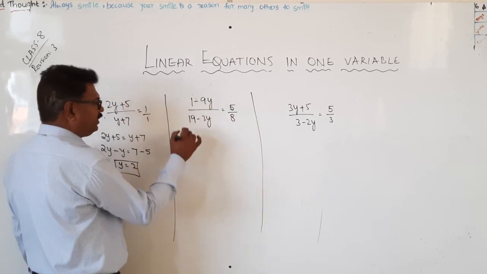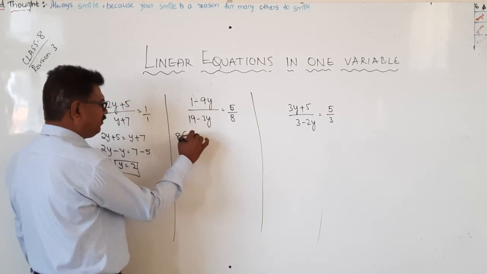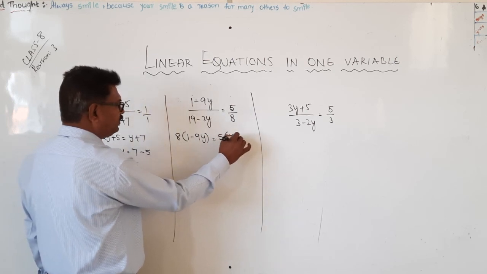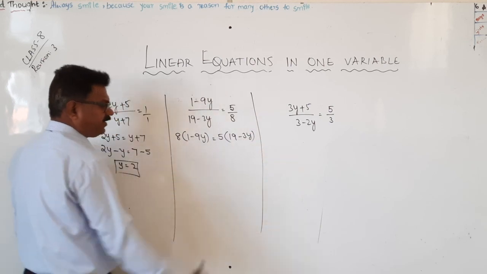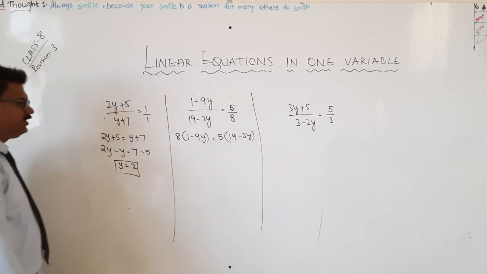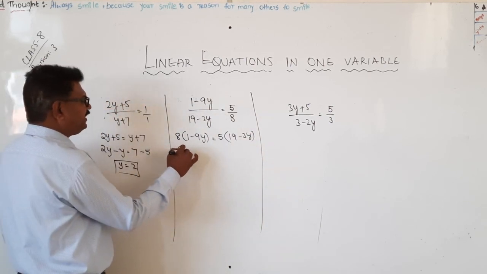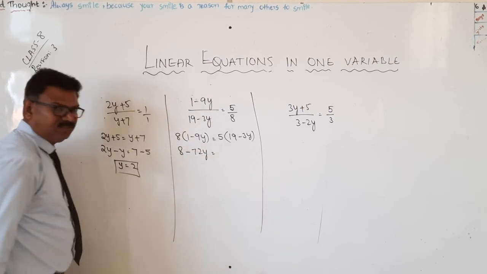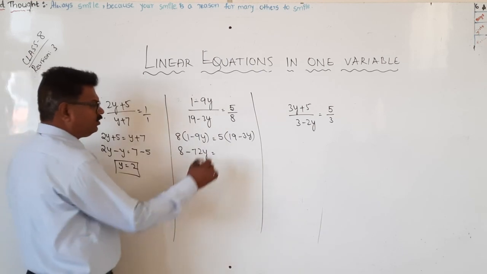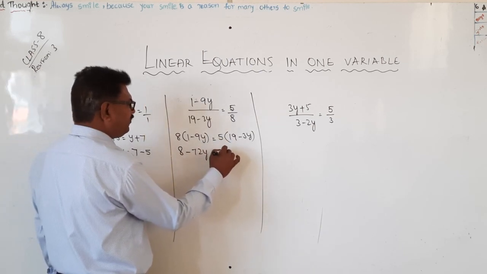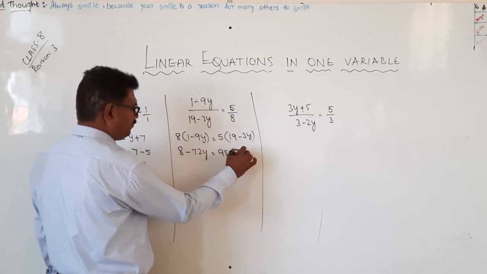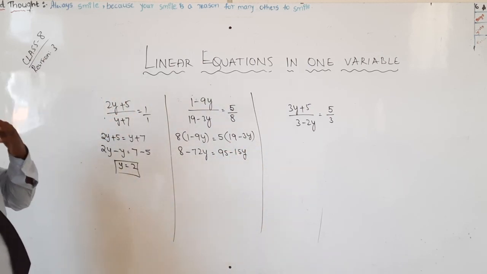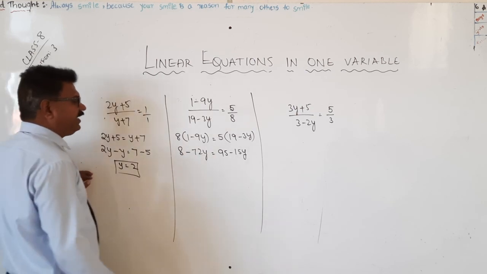Next, 8 into 1 minus 9y equal to 5 into 19 minus 3y. So very simple, 8 into 1 is 8 minus 8 9s are 72y equal to 19 into 5 is 95 minus 15y. Here, however you want, you can bring that side.